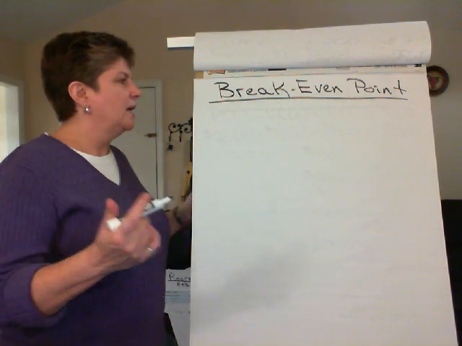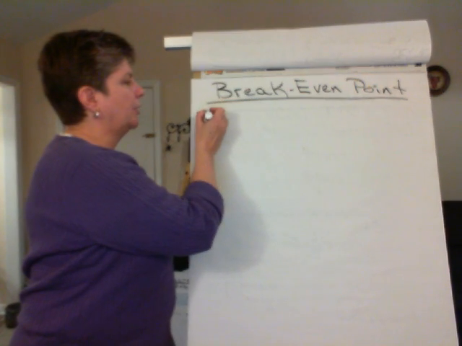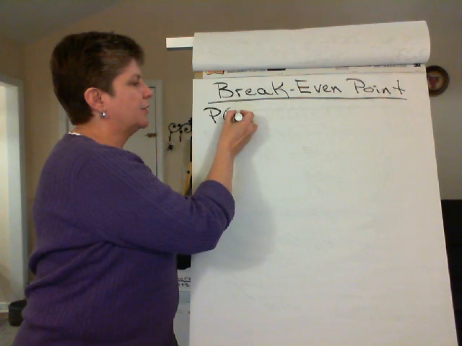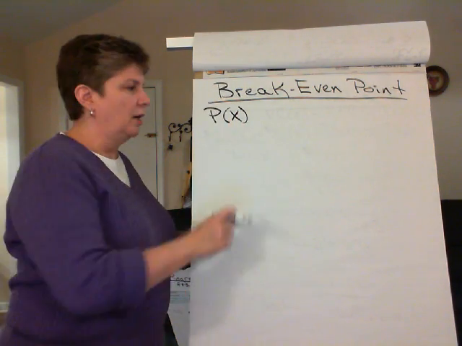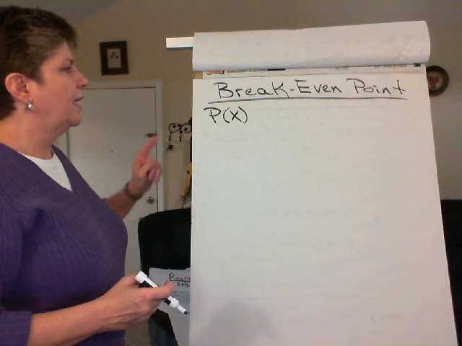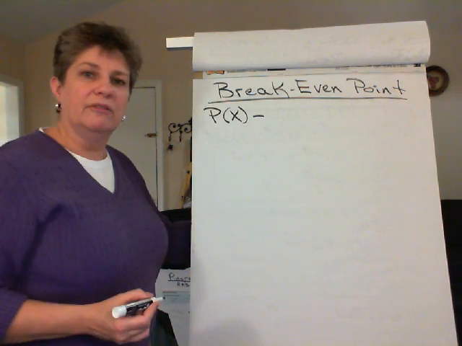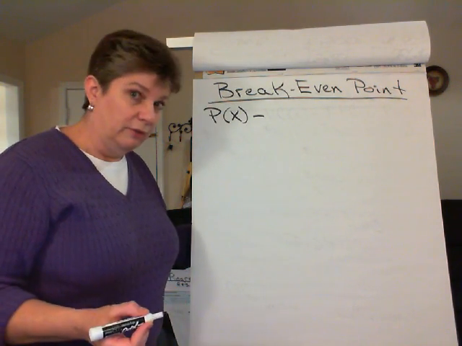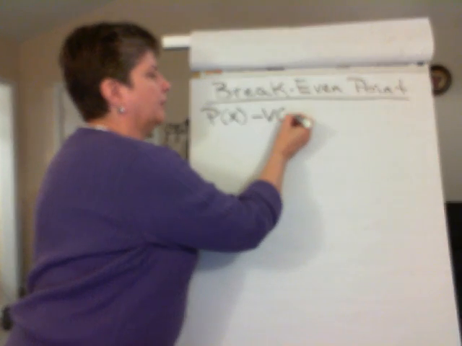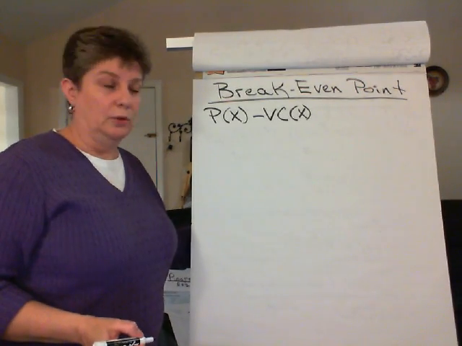a formula. So you recall that to calculate sales, we took the price per unit times the number of units sold. So in our formula, we'll use X to represent the number of units to be sold. And then from the sales revenue, we subtracted the variable cost. And to get the total variable cost, we also took the variable cost per unit and multiplied it times the number of units sold.